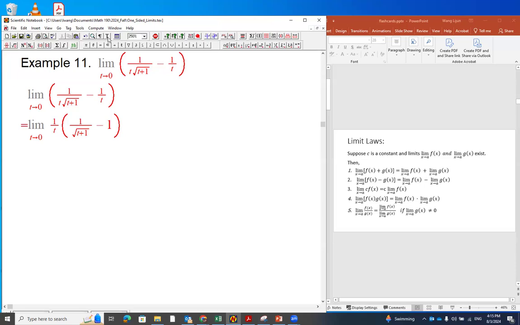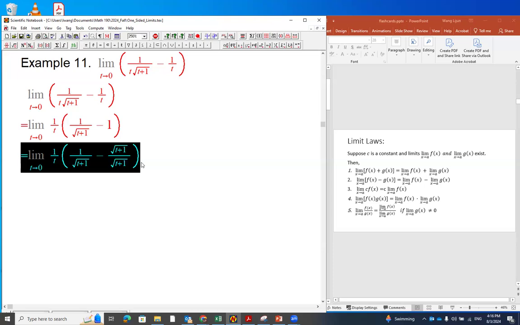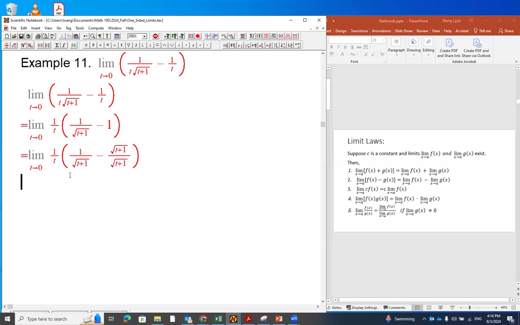And then what do we do? We're going to have to find a common denominator. What is the common denominator? The common denominator is the root of t plus 1. We're going to get the common denominator, and we do 1 minus the square root of t plus 1.